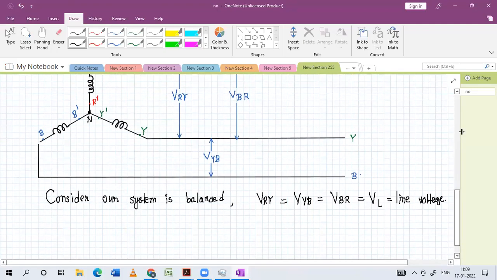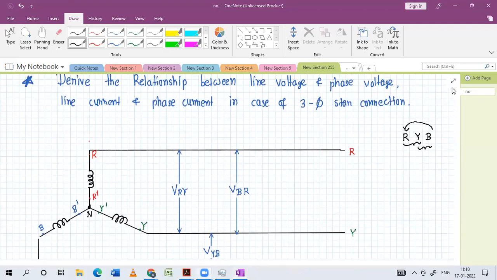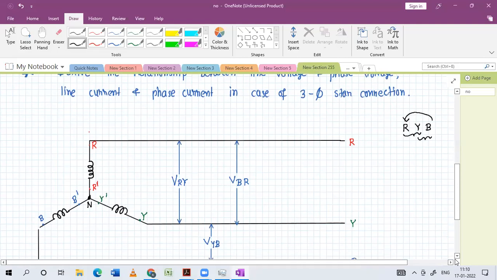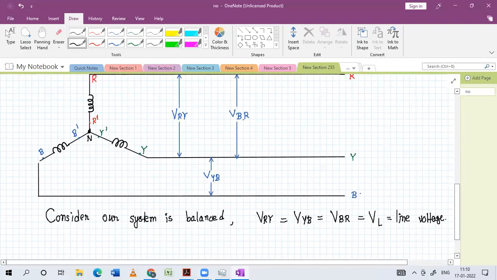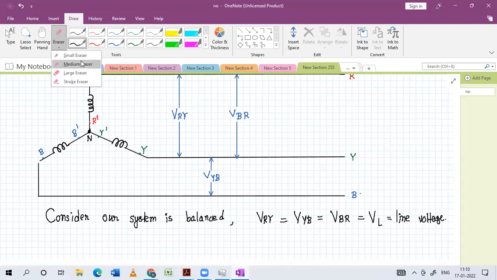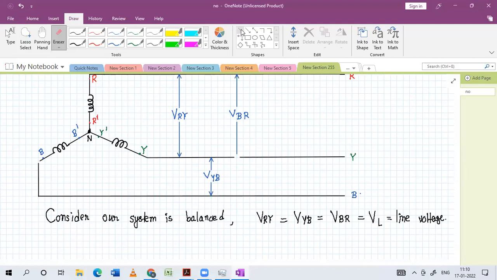Now, what is a phase voltage? So see over here. What is the VBR? Just a second, I will check VBR. Oh, sorry. Yes, it is the voltage between B and R phase. Here there is a mistake. It is VBR, the voltage between B phase and R phase. Thank you.